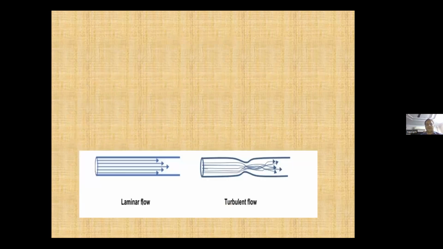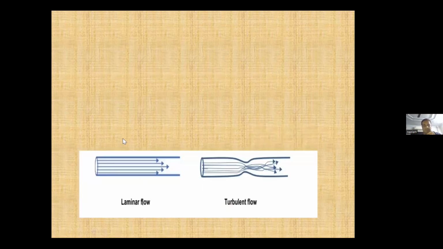Now again, just to clear one more concept: if you use adequate flow in a ventilator while you are ventilating a child, suppose I use a flow of 6 to 8 liters per minute, the gas molecules will flow in a laminar fashion.